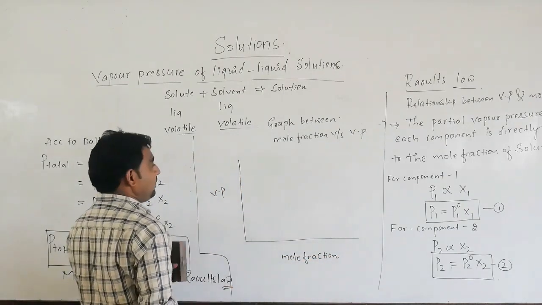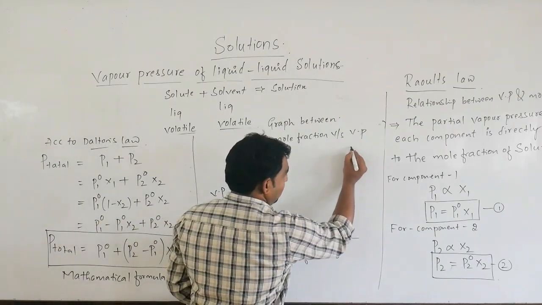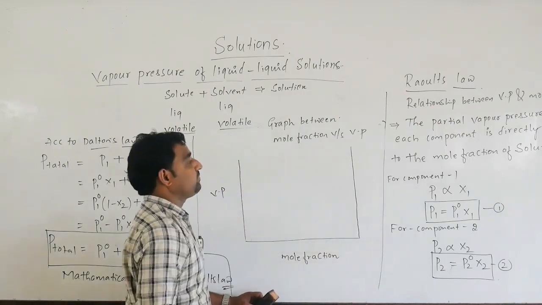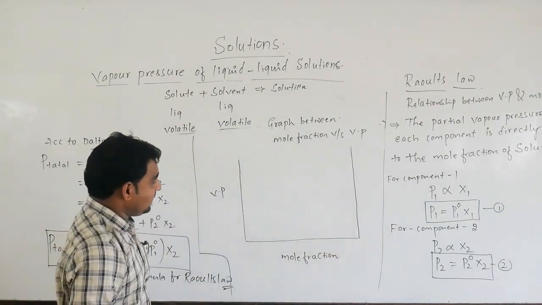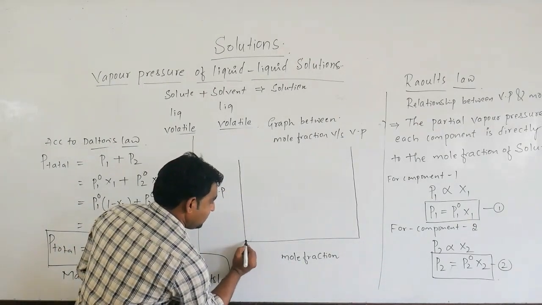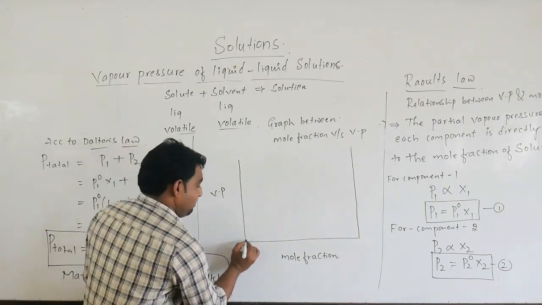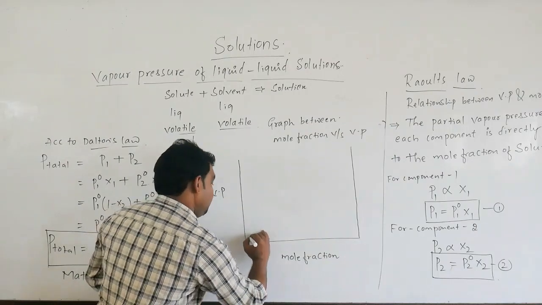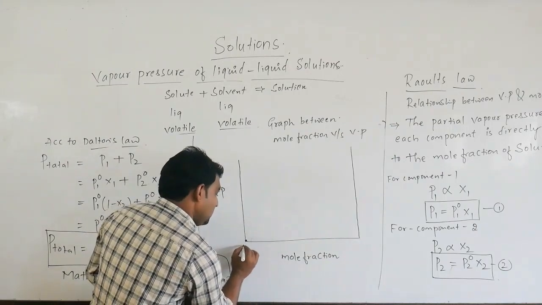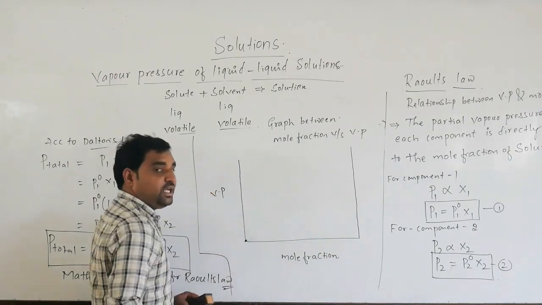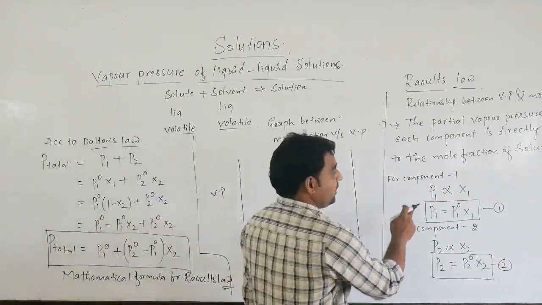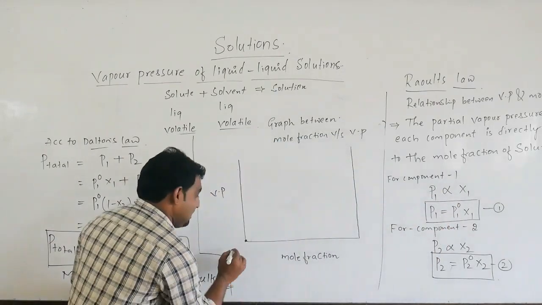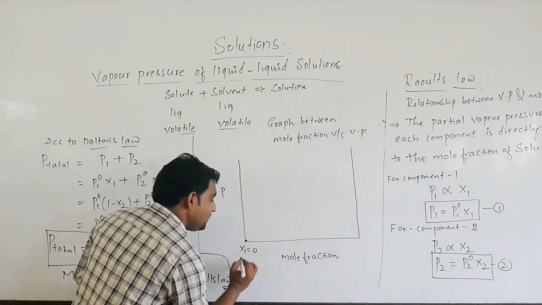We have to draw both in one graph only. First component, that is P1, starts at the origin. When P1 is 0, according to the equation, x1 is also 0. So for the first component, x1 is equal to 0.